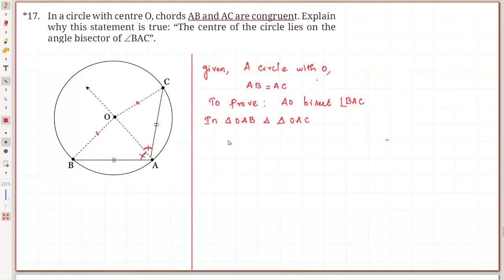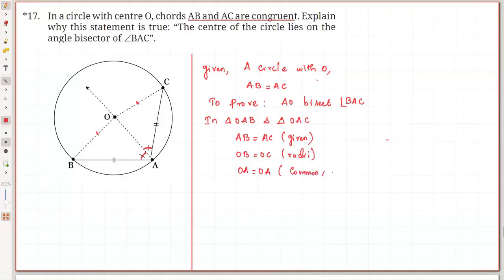Let me write it first. What is given first? AB is equal to AC, which is given in the question. Next, OB is equal to OC, as they are radii of the circle. Next, OA is equal to OA, that is a common side.